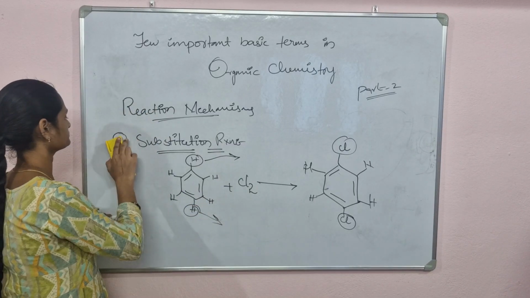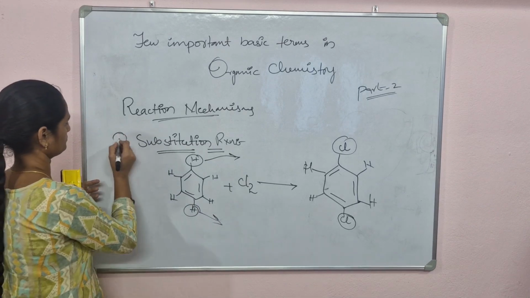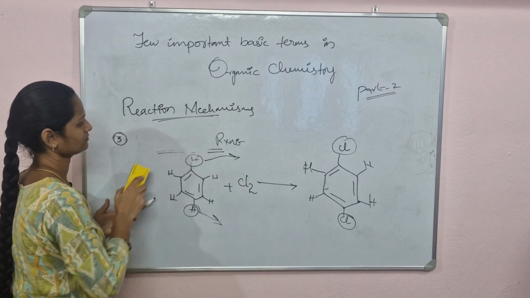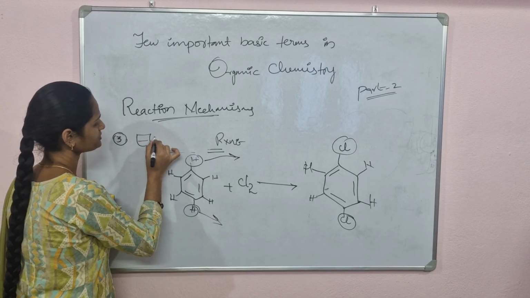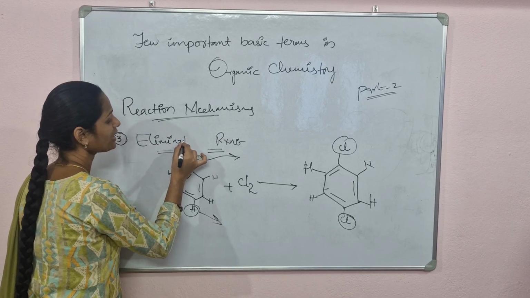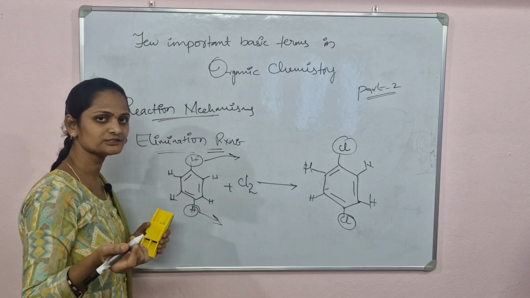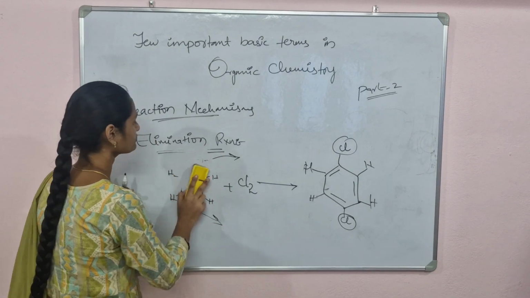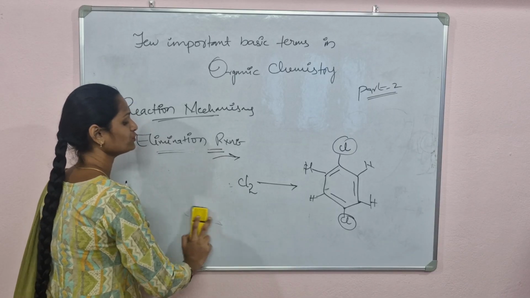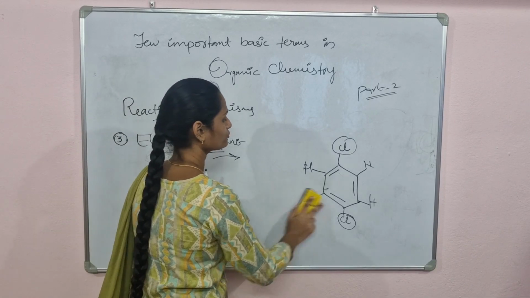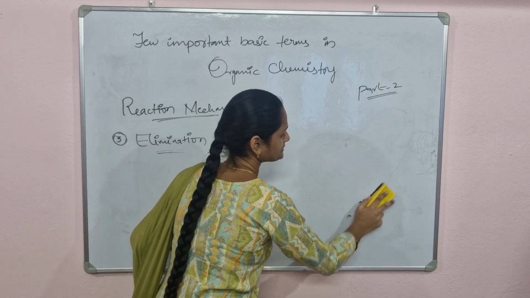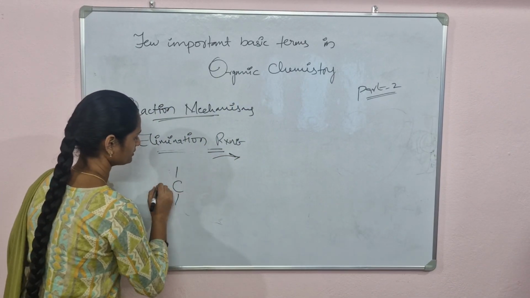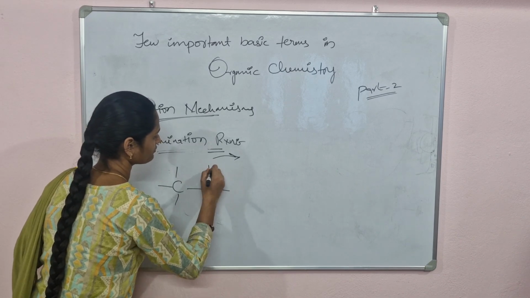Next one is elimination reaction. Elimination means if a molecule contains some groups, those groups or atoms will be removed or eliminated with the formation of a double bond or a triple bond. For example, a best example we have discussed previously.